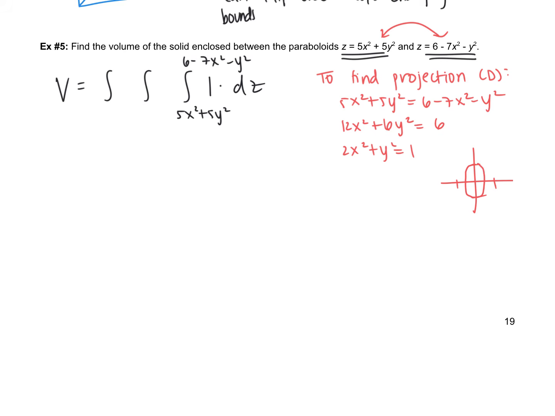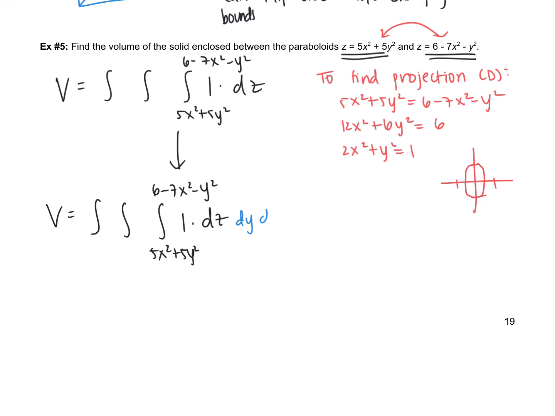In this case, it doesn't matter if you integrate with respect to x or y first. Because I didn't give myself a ton of room, I'm going to rewrite this. I'm going to choose to integrate with respect to y first and then x. Like I said, it doesn't really matter.